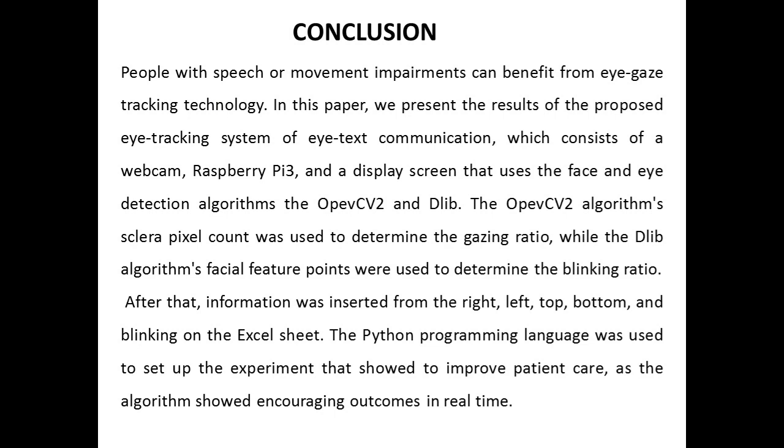The OpenCV algorithm's sclera pixel count was used to determine the gazing ratio, while the DLib algorithm's facial feature points were used to determine the blinking ratio. After that, information was inserted from the right, left, top, bottom, and blinking into an Excel sheet.